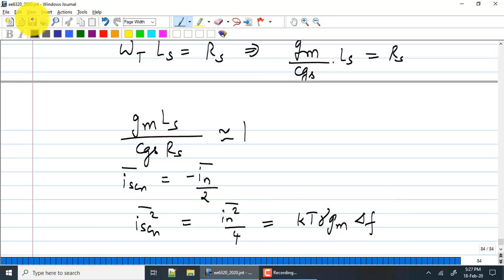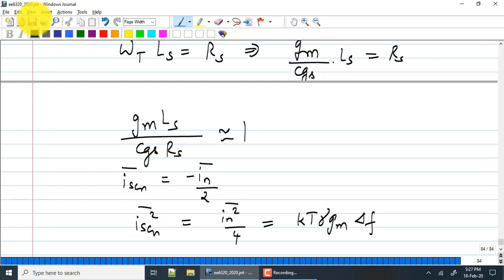Of course, to do all of this, we did not have to use the short circuit noise at all. If all this current flows through the cascode, flows through the output, gets multiplied by RD, etc., you can also do it that way, it doesn't matter. Okay? So the squared noise current is kT gamma GM delta F from the transistor M1 into the short circuit.